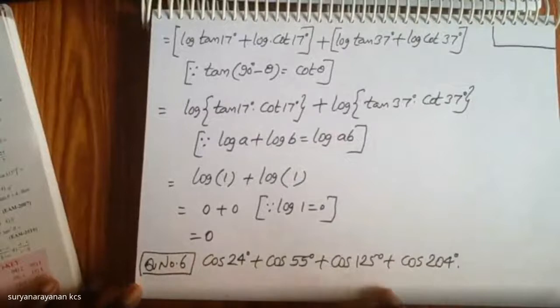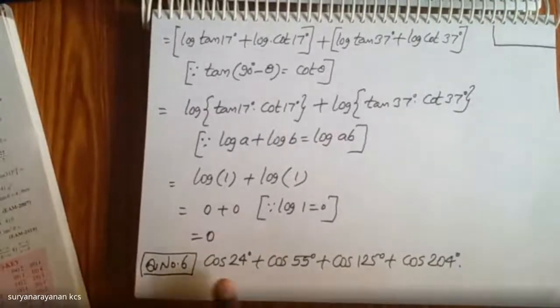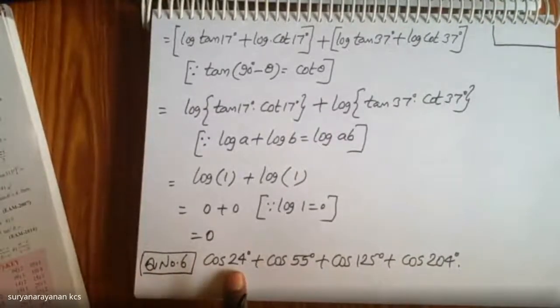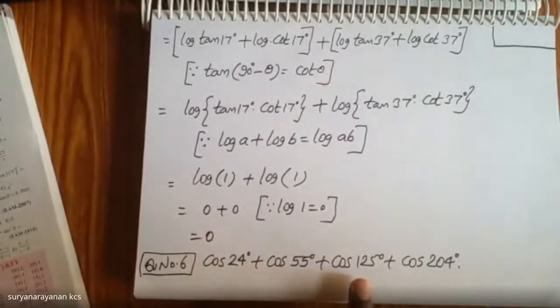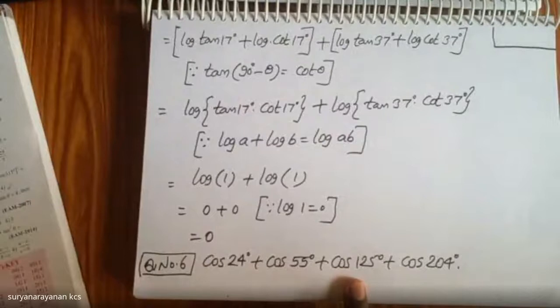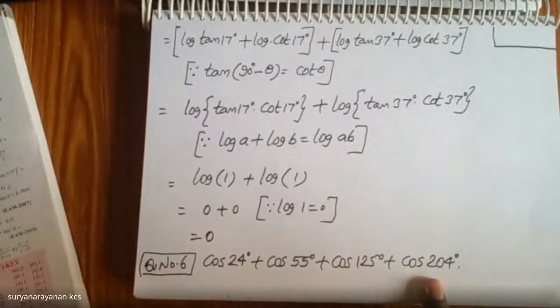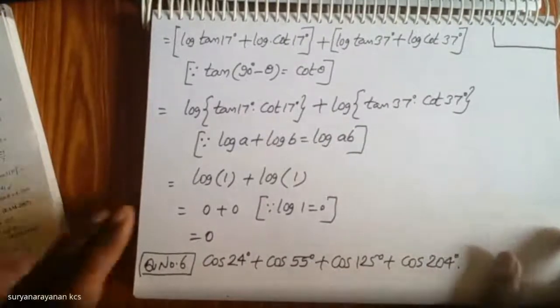This is a given expression which consists of 4 terms: cos 24 degrees, cos 55 degrees, cos 125 degrees, and cos 204 degrees. Okay, my children.